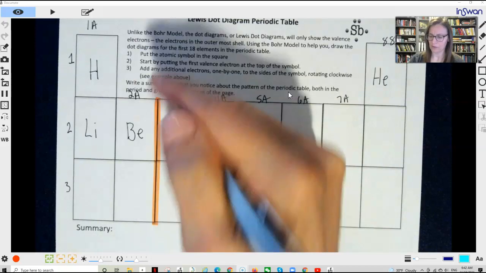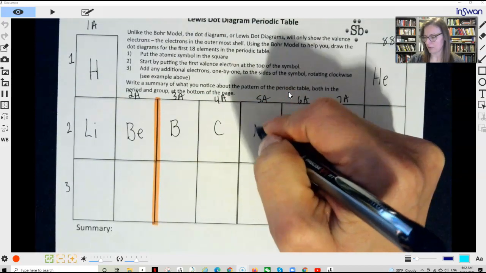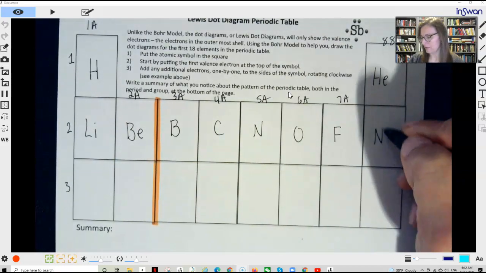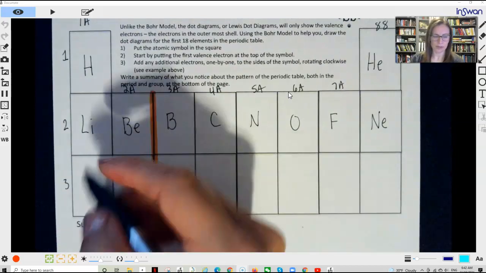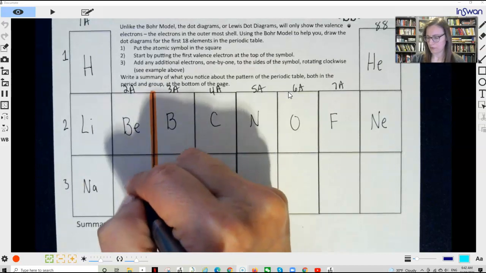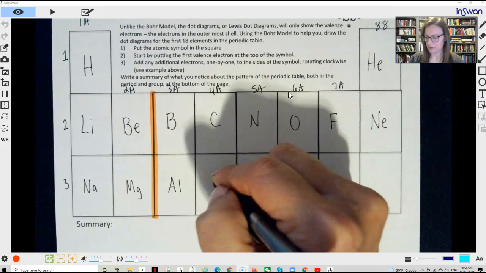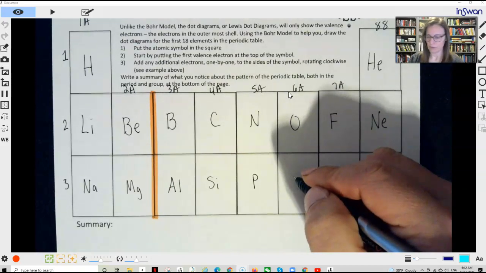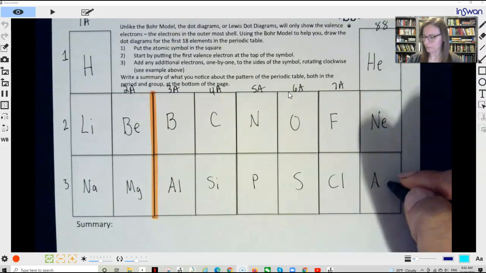And then skipping the transition metal area, boron, carbon, nitrogen, oxygen, fluorine, and neon. And in the third period, we have sodium, magnesium, aluminum, silicon, phosphorus, sulfur, chlorine, and argon.